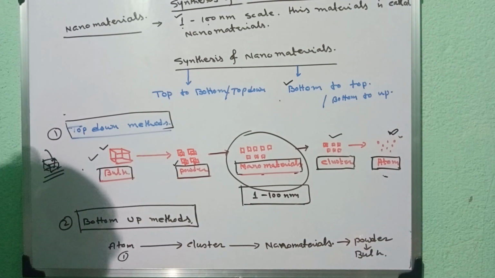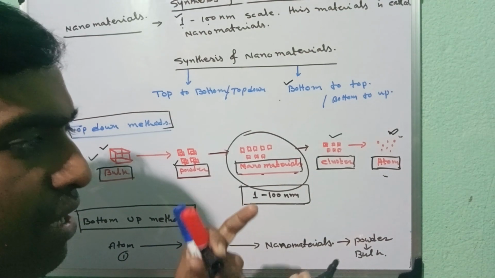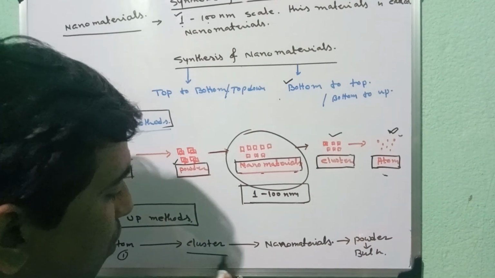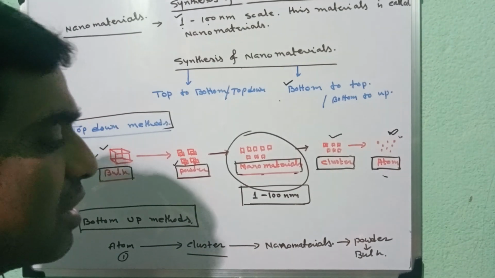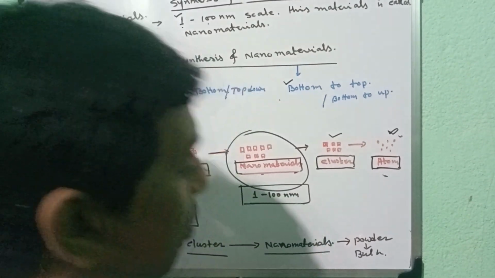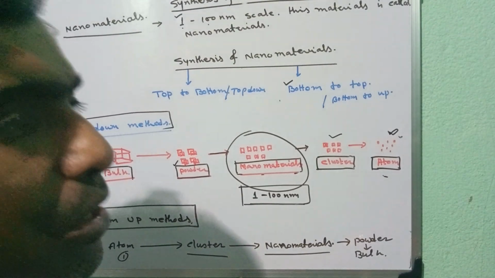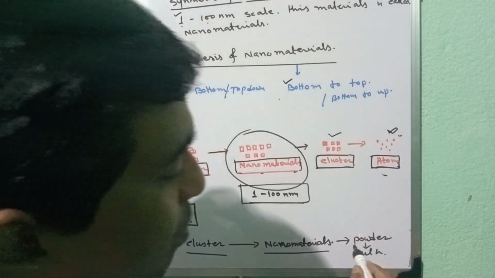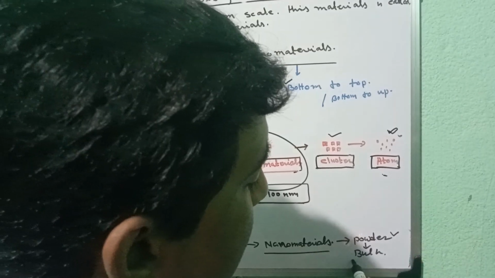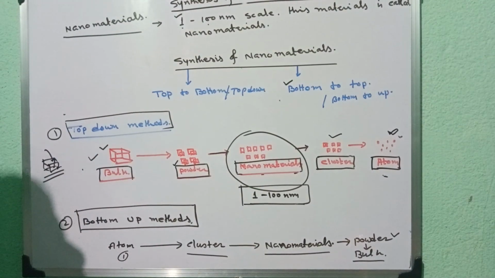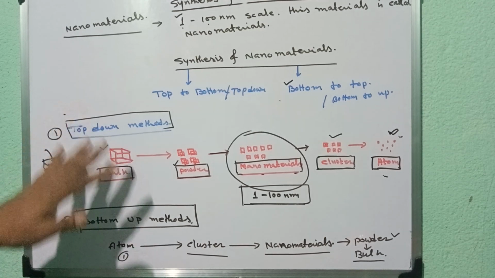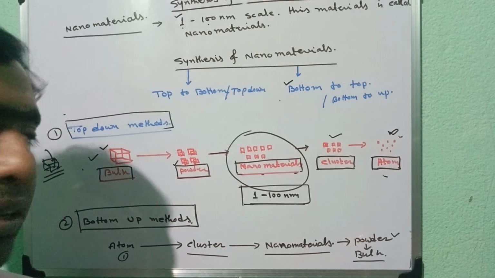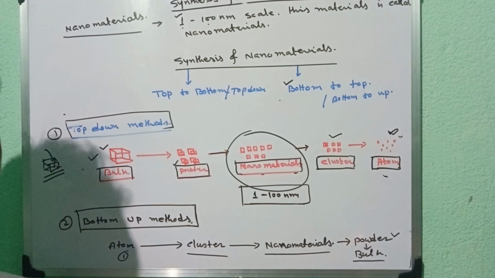When many atoms join to form clusters, and many clusters join, they produce nanomaterial, then the powderic form, then the bulk form. So these are the two methods we discussed, top down and bottom up.